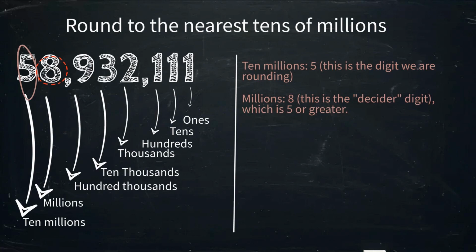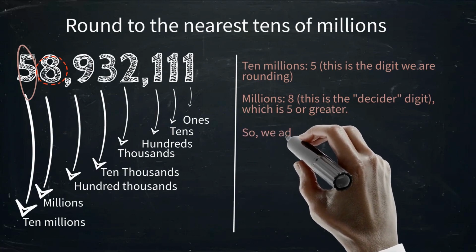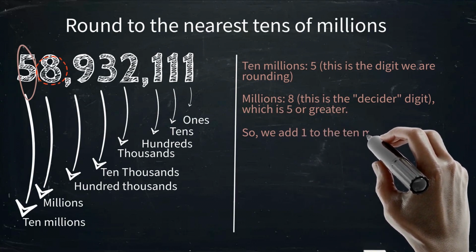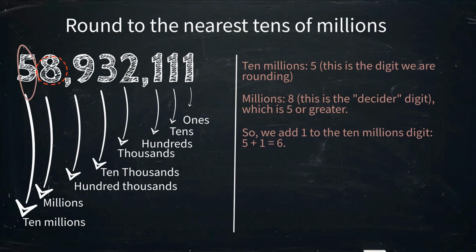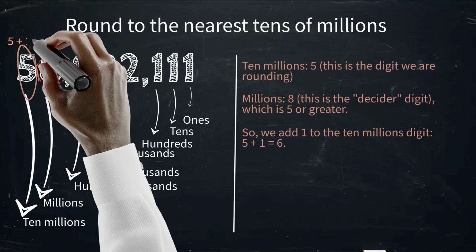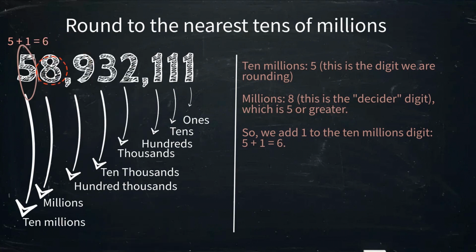Step 3. Determine if you round up or down. Since 8 is 5 or greater, you round up. And when you round up, we increase the digit in the tens place, that is digit 5 in our case, by 1. That's 5 plus 1 is 6.